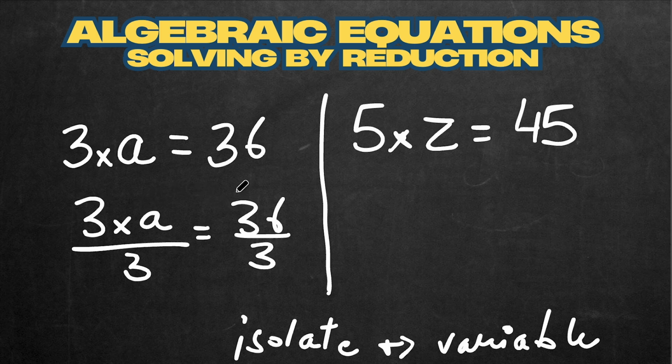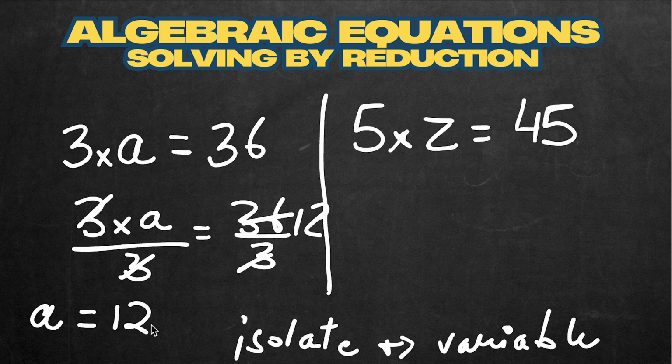That's the main idea. It can be any action, but in this case, I know this action will help me get rid of this 3 with the a. So this 3 will cancel this 3. If you remember simplification, this will make it a 12. So my value of a remains: a equals 12.